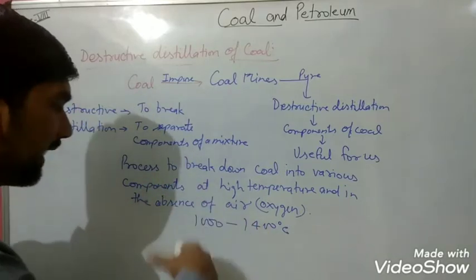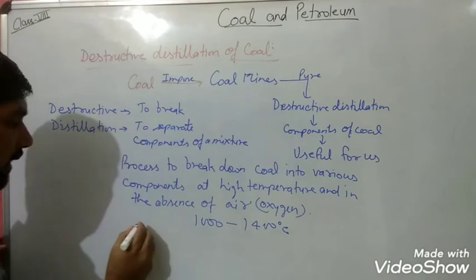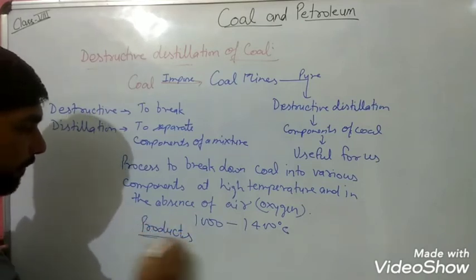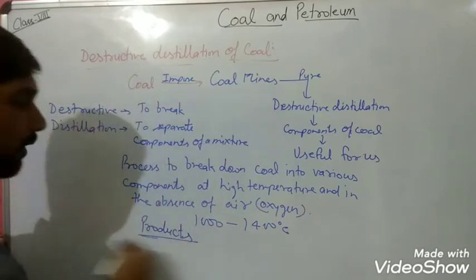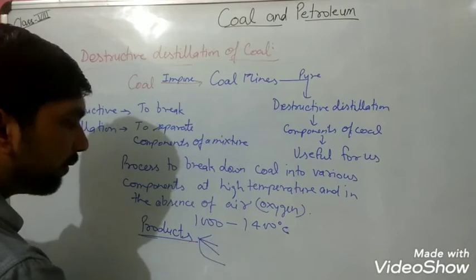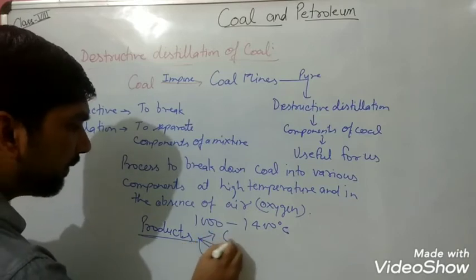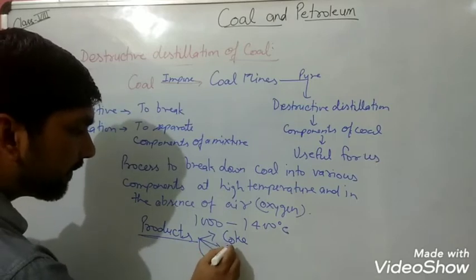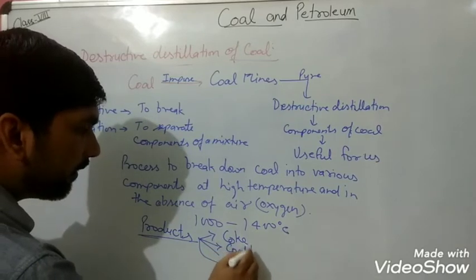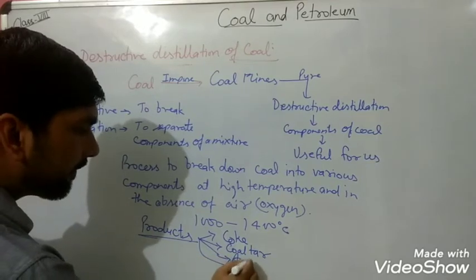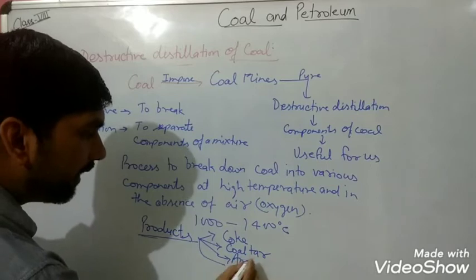After this process, we get different components, different products. So what are the products? Actually, we get 4 products after this process. The first one is known as coke. Second one is coal tar. Third one is ammonical liquor.